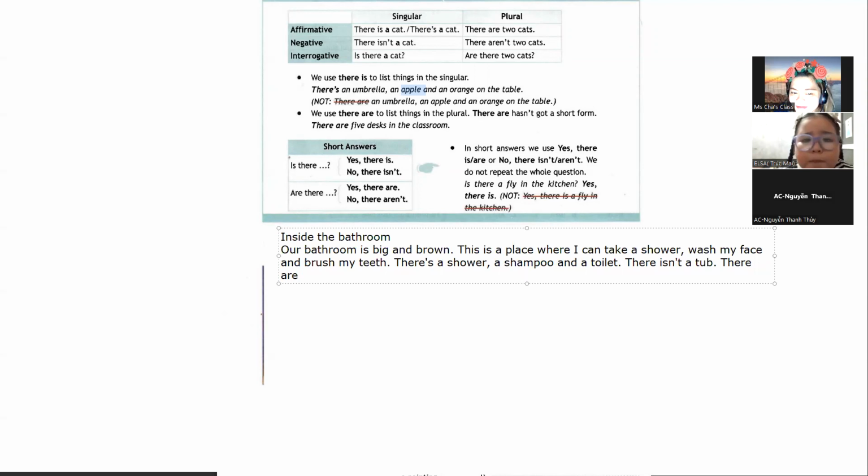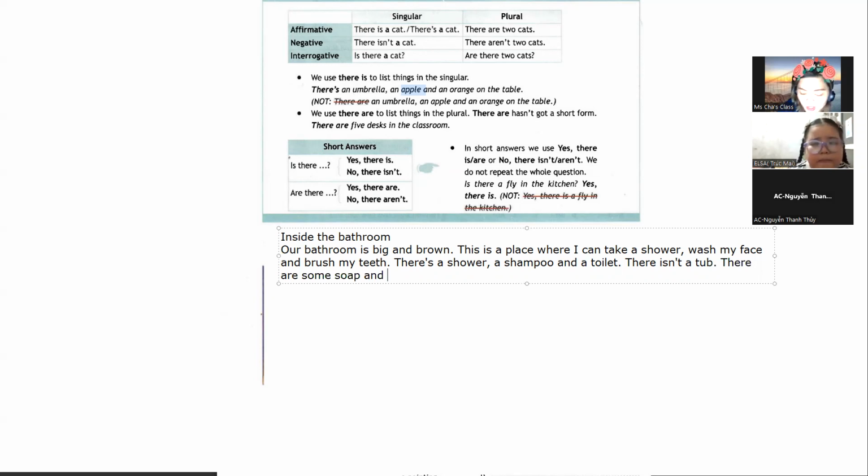There are soaps. Let's say there are some soap. And what else? Toothbrushes, right?